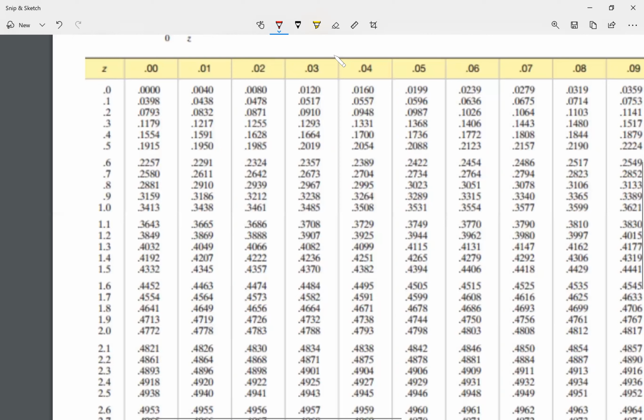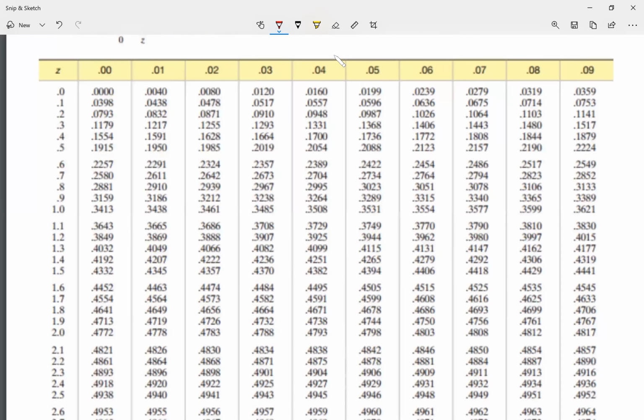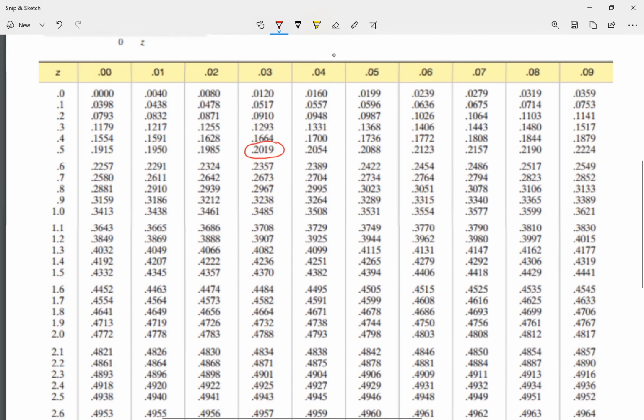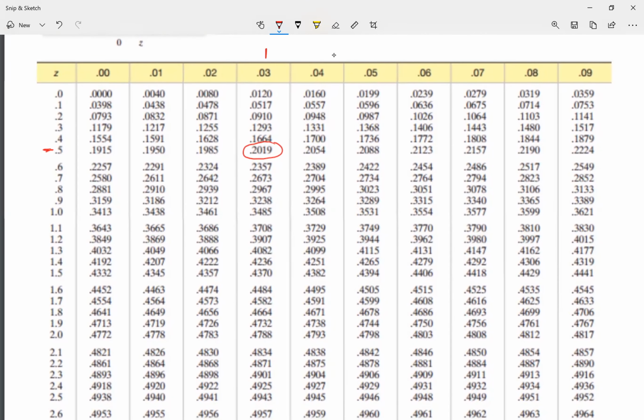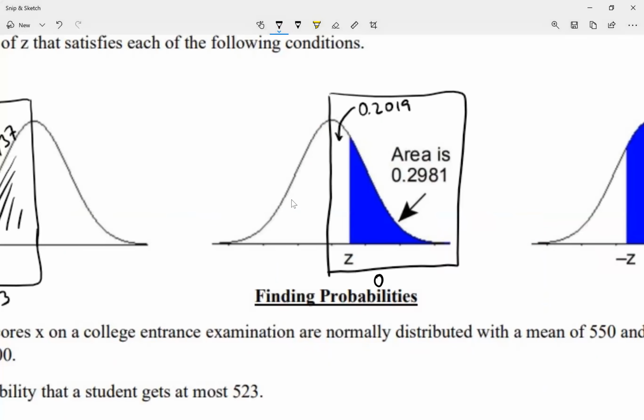Where is that? Oh, it's right here. I found it. 0.2019. What's my Z-score there? 0.5 and 3, so that's 0.53. Positive 0.53 or negative 0.53? Positive, because my Z is to the right of my center. Okay.